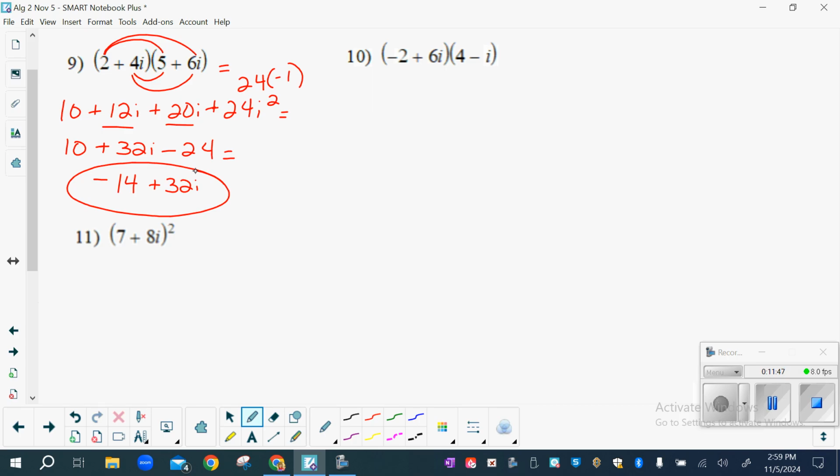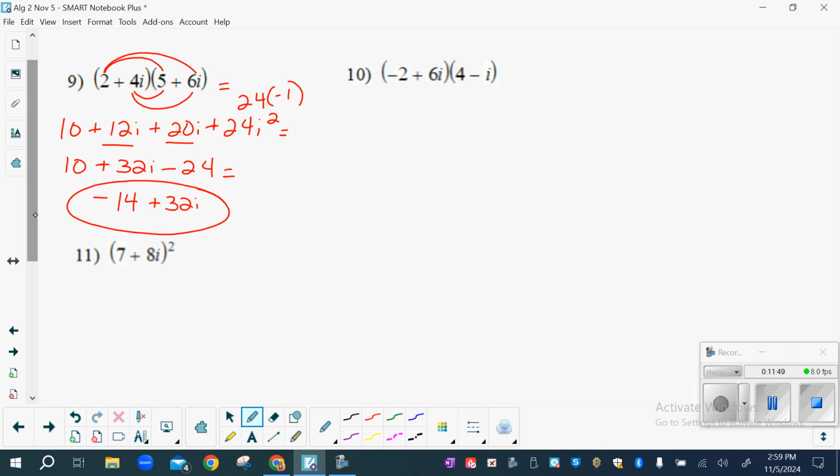Okay, somebody want to multiply it for me on this one? Would you do that for us? So negative 8 plus 24i minus 6i squared. Good. Okay, and where do we go from there?